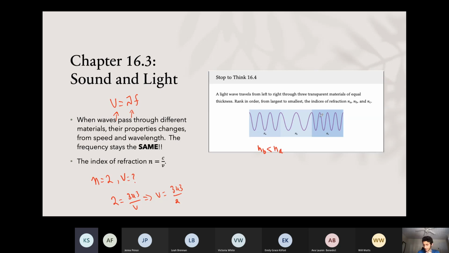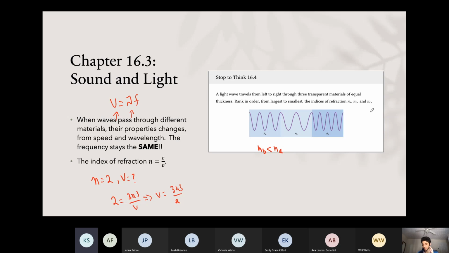What about NC? Is it less or more than NA? So you have your frequency, and your wavelength decreases.